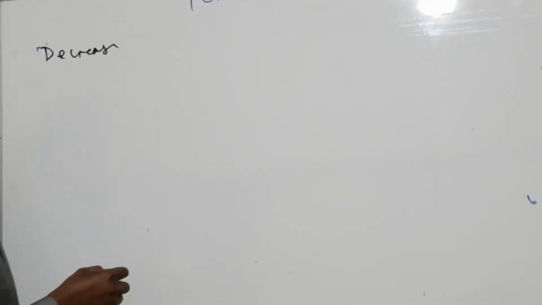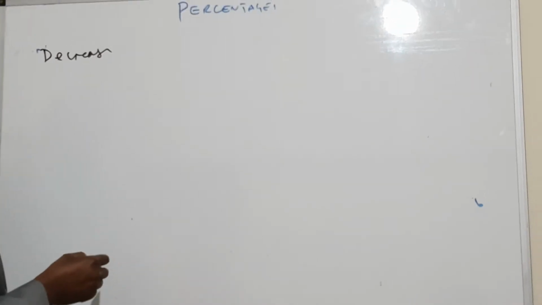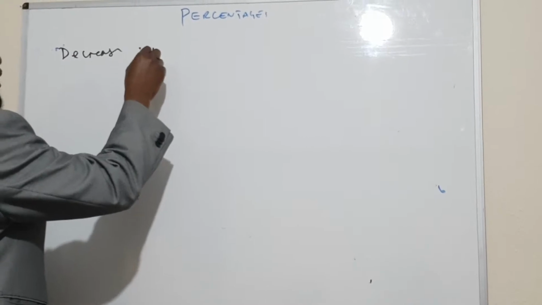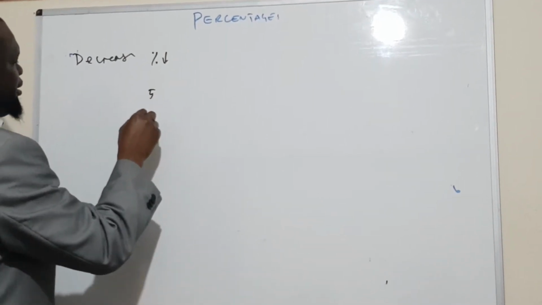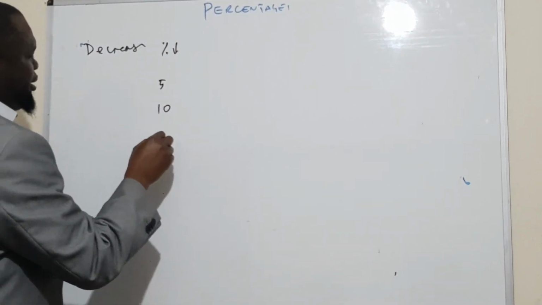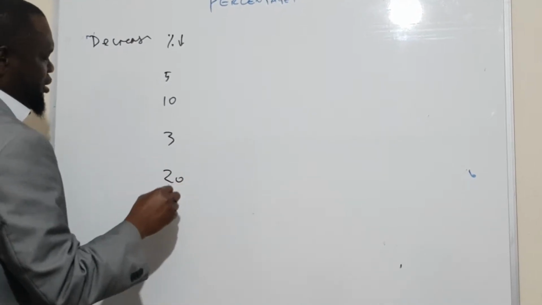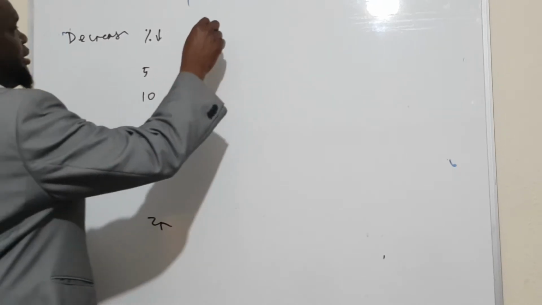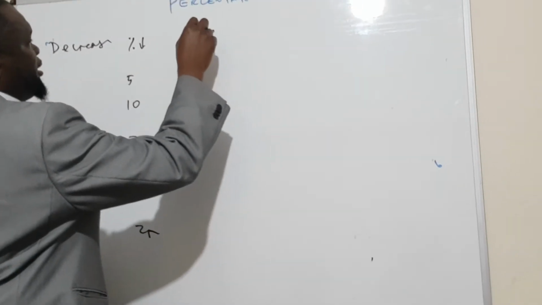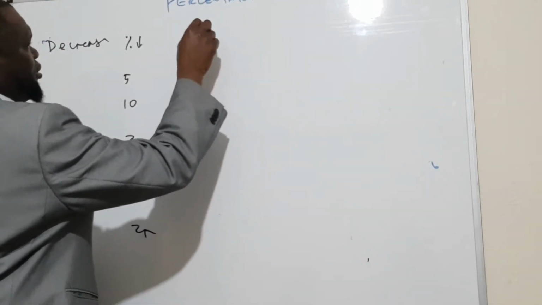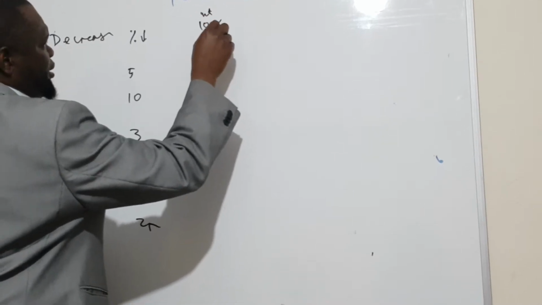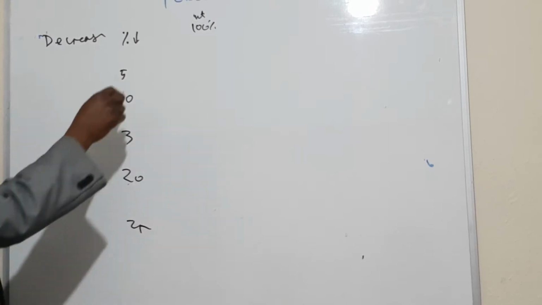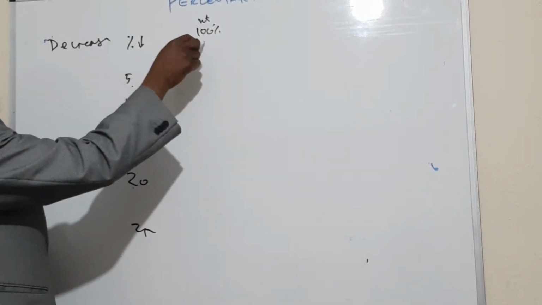Same thing, the multiplier. Okay? Let's say we have percentage decreases of 5%, 10%, 3%, 20%, 25%. This means out of 100%, if there's a decrease of 5%, it means 5% was taken out of the original, which is 100%.